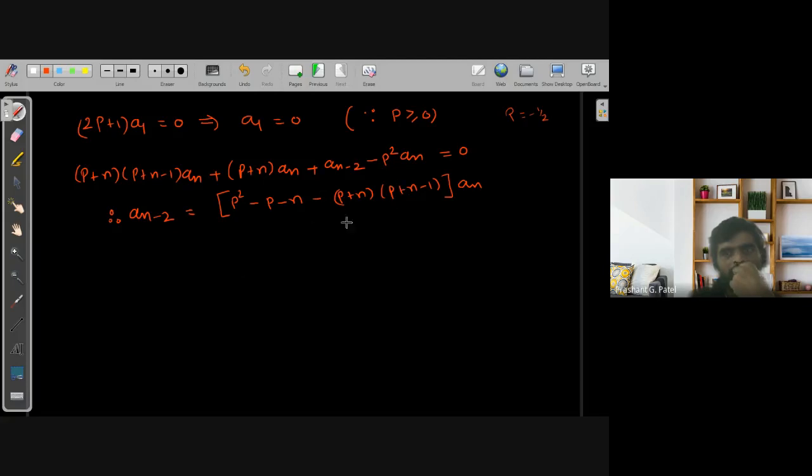Now let us look at this expression. If we take (p plus n) common from these two, then inside the bracket we have p plus n minus 1 plus 1, and this 1 and 1 cancel out.